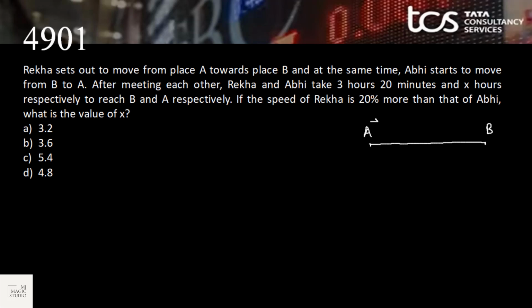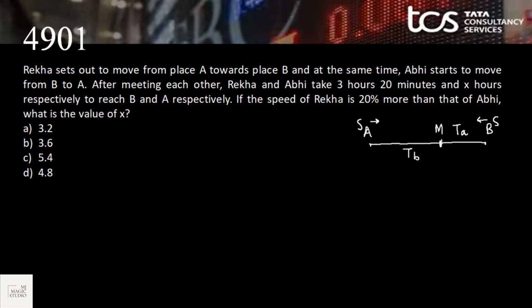They both started together at the same time towards each other, meet at point M, and after meeting at M, A takes TA time to reach B and B takes TB time to reach A. If speed of A is SA and speed of B is SB, then what is the relationship between these four variables?